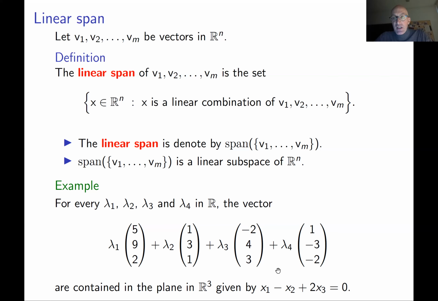Why? Because actually each of these vectors is contained in this plane. This plane passes through the origin, so it is a linear subspace. And the linear combinations of these vectors must be contained in this linear subspace, because we mentioned this on the previous slide.